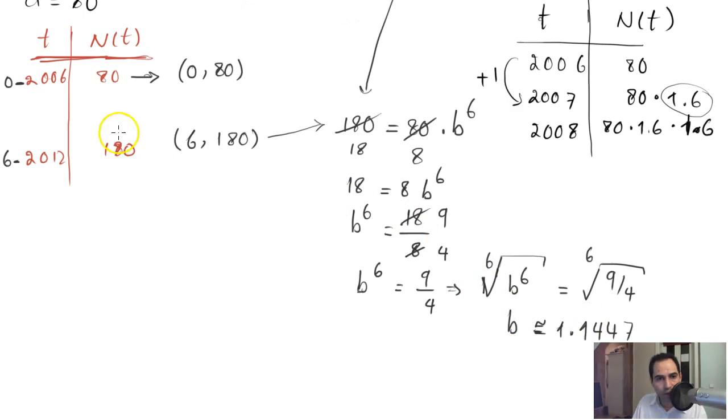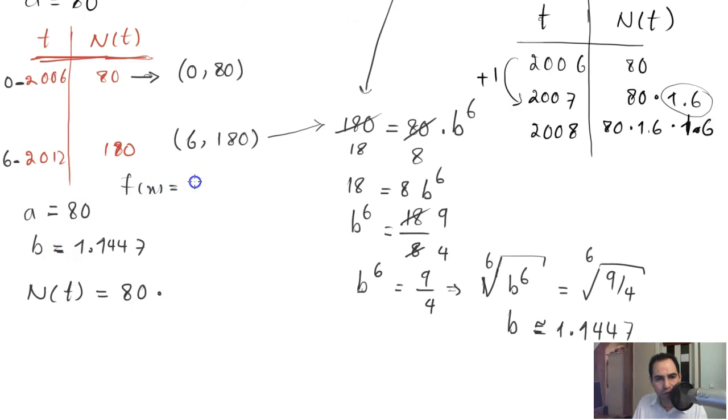So basically, if a is equal to 80, b is equal to 1.1447, we could assume that n of t is equal to 80 times, because this is my a, it's supposed to be in the form f of x is equal to a times b raised to the power x.